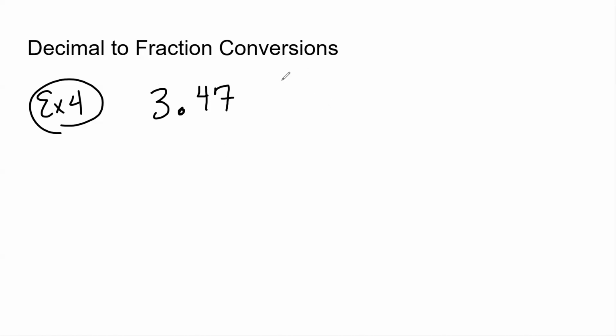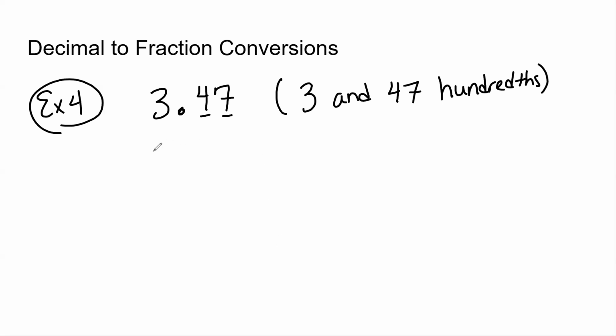But again, the formal way would be 3 and 47 hundredths. It's always the last place you say. So we would write the whole number 3, because I bought 3 whole pounds of apples, and 47 hundredths.